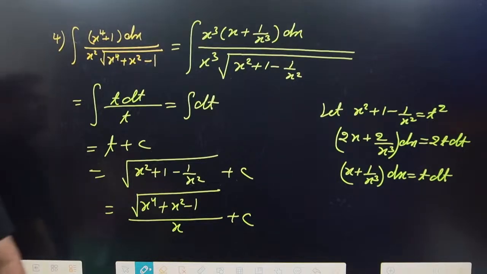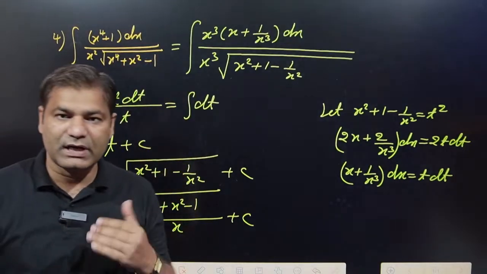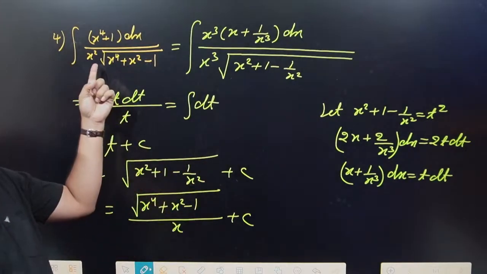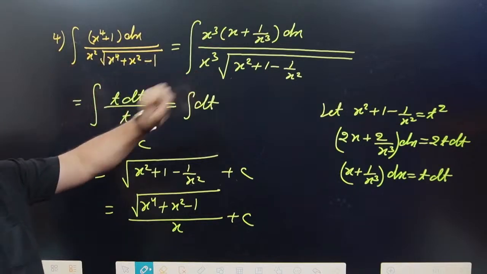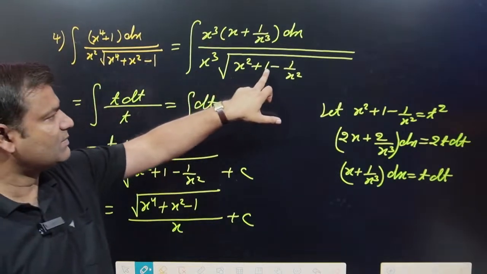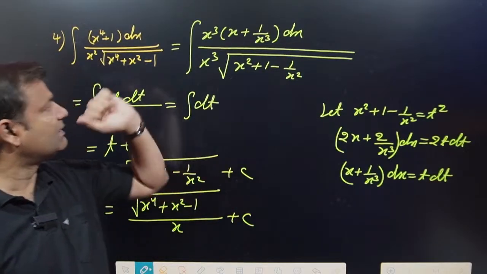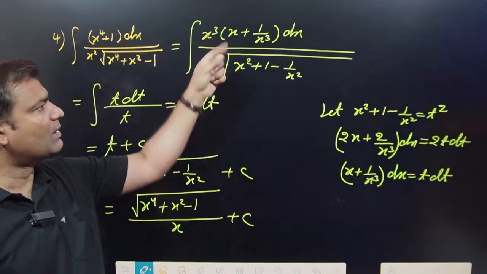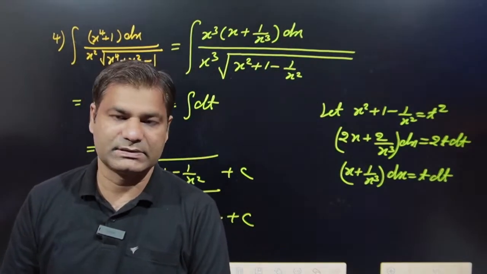Absolutely clear? Simply, first of all, make this one t. So how can we make t? If x square is common, so simply x, so x cube. So we get x square plus 1 minus 1 by x square. If this one is taken as t, and here if x cube is common, then we get x plus 1 upon x into dx.